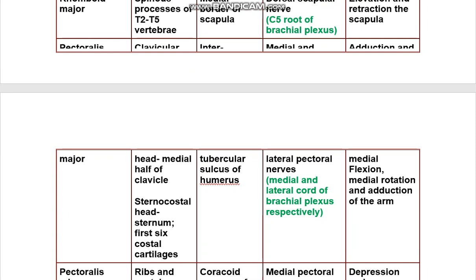And so the pec major is going to do adduction and medial flexion. The pec major also does medial rotation.